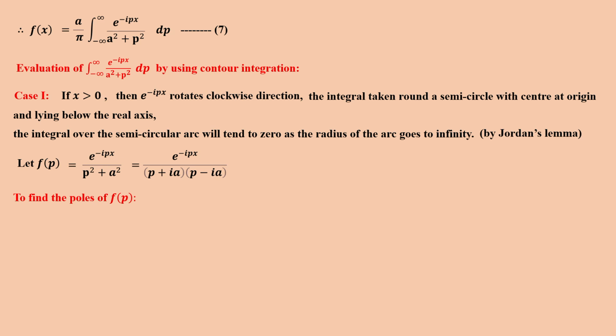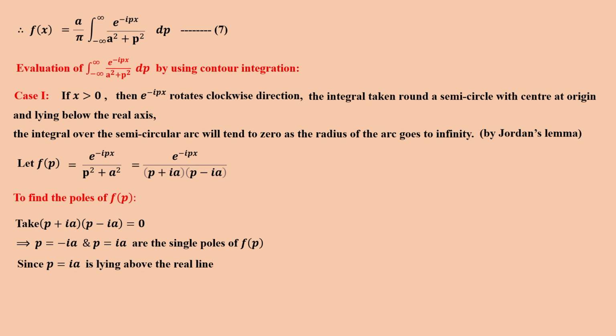To find the poles we take the denominator equal to 0, so p plus ia into p minus ia equal to 0. You will get p is equal to minus ia or p is equal to ia. There are two poles, both of power 1, p plus ia power 1 and p minus ia power 1. So these are all single poles of f of p.